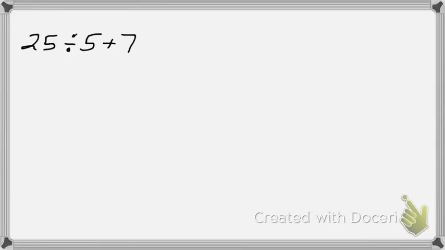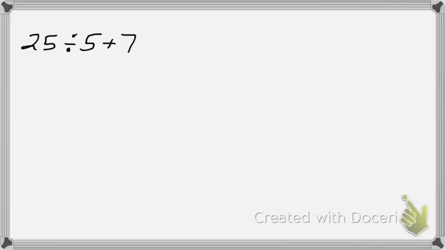All right, let's try this one. We have 25 divided by 5 plus 7. Step 1 involves parentheses, which I don't see, so we can skip parentheses. Step 2 involves exponents, which I don't see, so we skip that step.